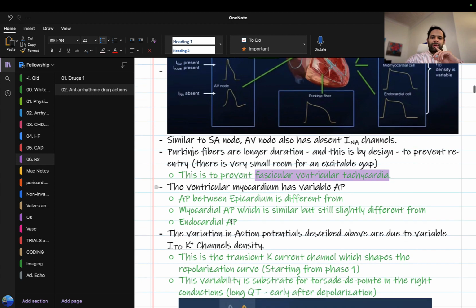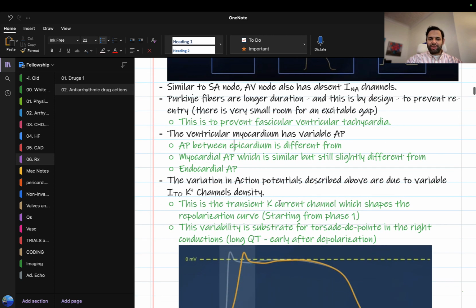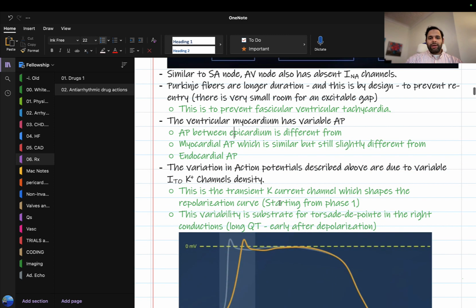The ventricular myocardium has variable action potentials. The action potential in the epicardium is different from the myocardial action potential, which is similar but still slightly different from the endocardial action potential. This can also explain why, when you have pathologies or edemas or electrolyte disturbances, you can have those polymorphic ventricular tachycardias.